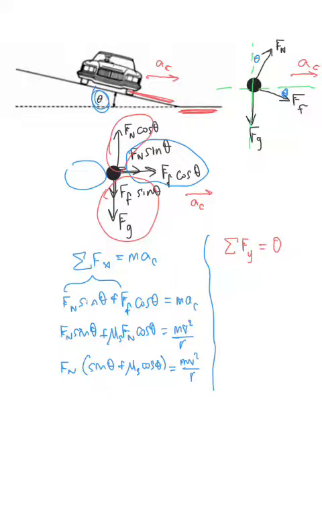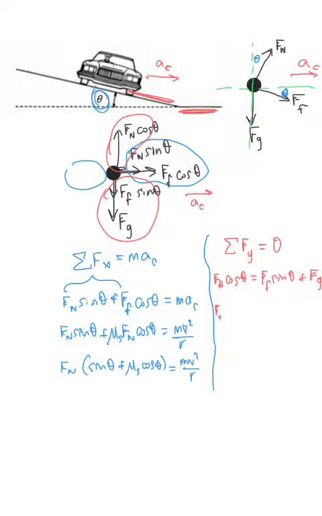So we're going to write that by saying Fn cosine theta, the upward force, equals, and let's add those two downward forces together, Ff sine theta plus Fg. And let's plug some formulas in.